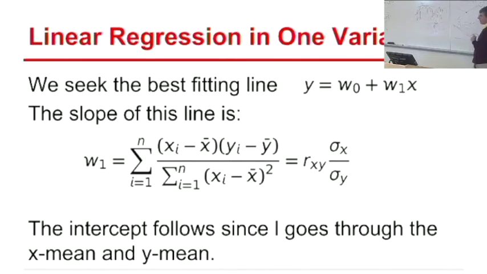Let's think about it. My height in feet, let's say I am 5.5 feet high. How many meters am I? 2 point something or other. Does everyone agree the correlation between someone's height in feet and height in meters should be 1, right?